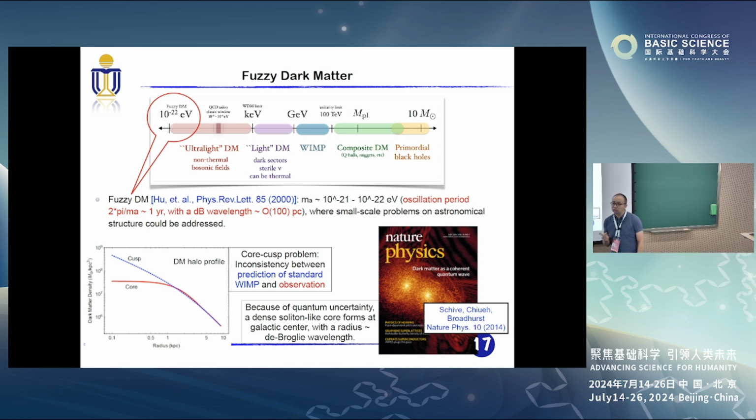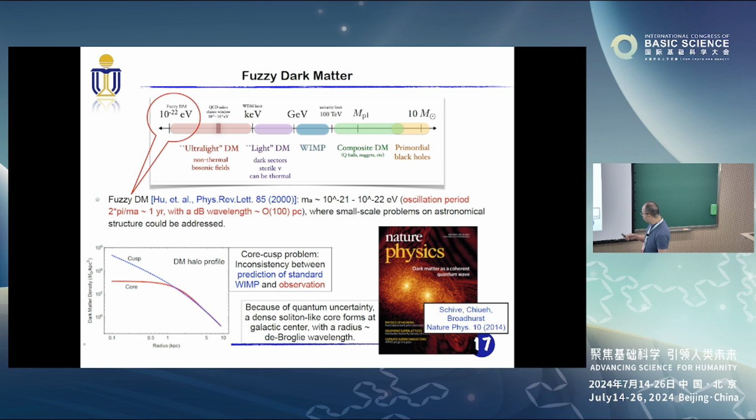But based on the observations, astronomers told us that this is not true. Actually, the profile of the dark matter halo near the galactic center is approximately uniform. And such inconsistency is called the core cusp problem.